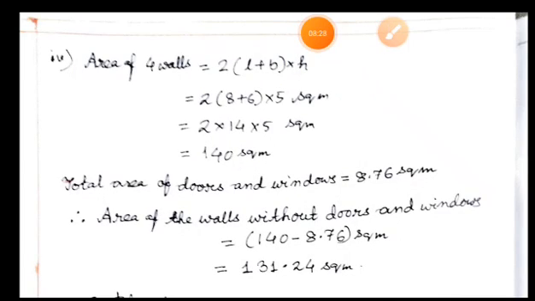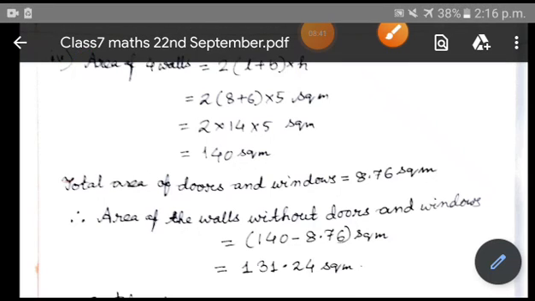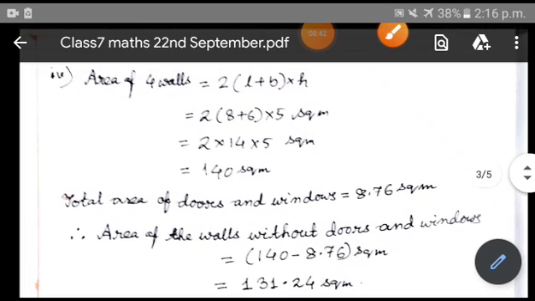So children, previously you were given the formula for finding the area of the four walls. The area of four walls equals 2 into (length plus breadth) into height.